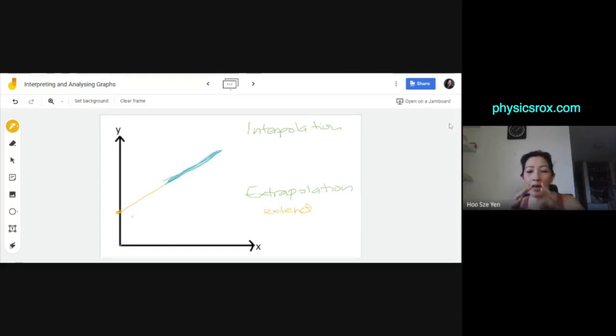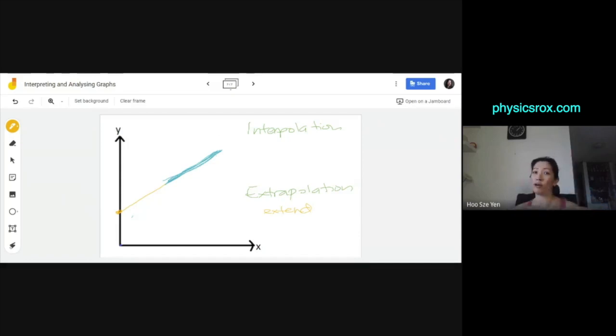To extrapolate data means you have a group of data and then someone asks you, based on your research or your experiment, can you predict the value that's outside your range? You're like, outside the range? But I didn't study this one.